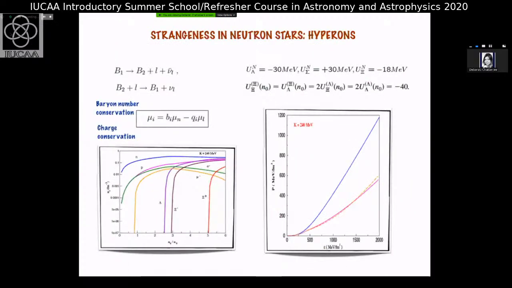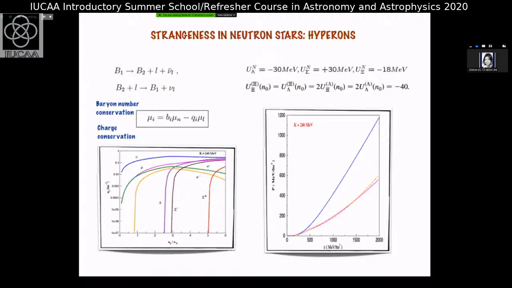And in the equation of state plot, you can see the blue curve, which is that of nucleons only, whereas when you consider hyperons appearing, with and without interaction, with interaction you see the dashed yellow line.